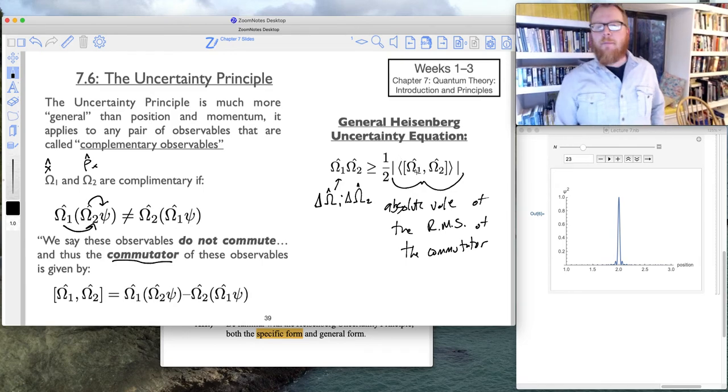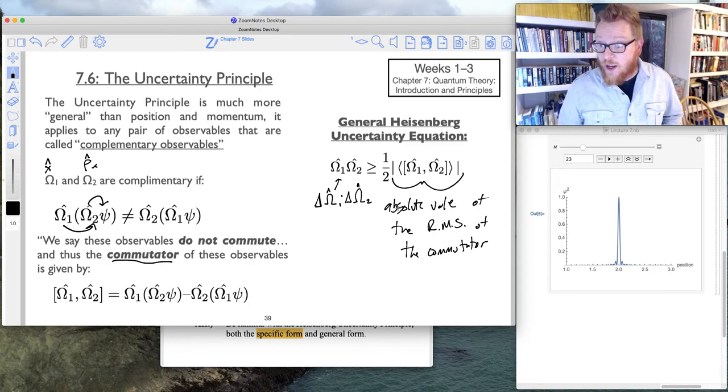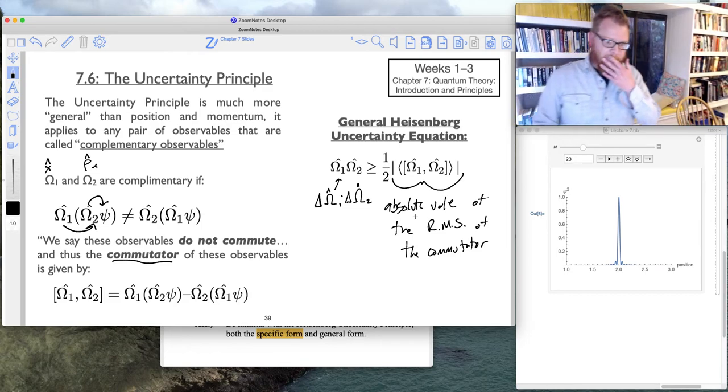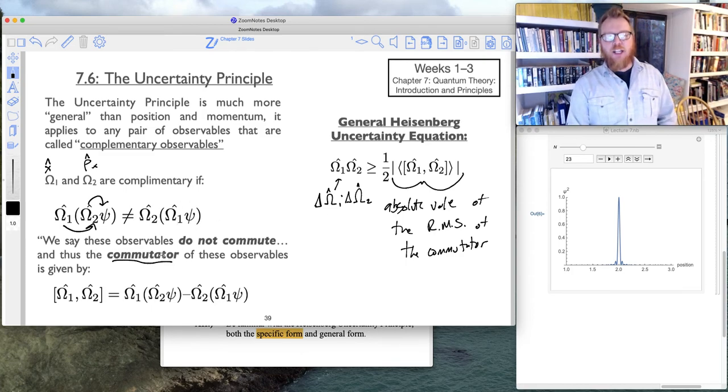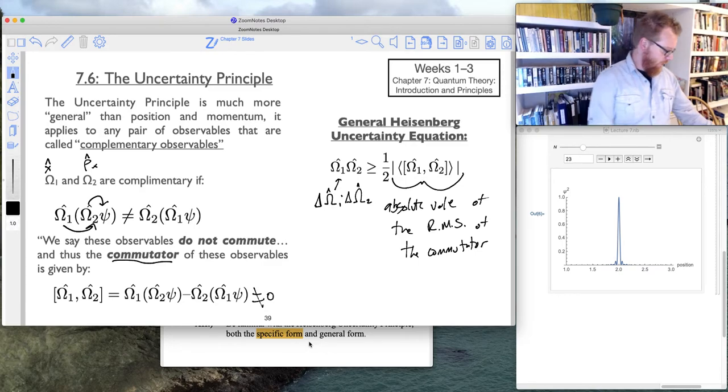And so anything times another thing will always be greater than or equal to 0, especially if the uncertainty of the operator were 0. If we had no uncertainty, this just becomes 0 is greater than or equal to 0, which is true. However, if these do not commute, in other words, if there's a non-zero value here, so if this does not equal 0, then it is subject to Heisenberg uncertainty.